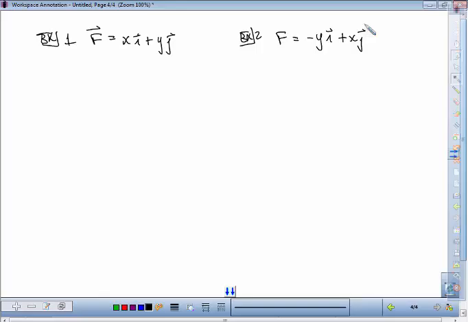Let's first take a look at the div. By the way, there's no gradient here, right? This is a vector function, so there's no gradients involved. So let's take the div first.